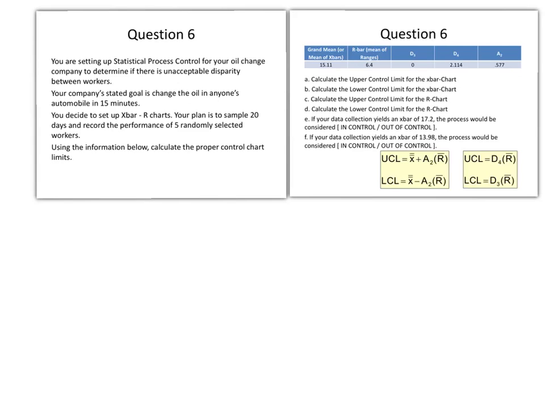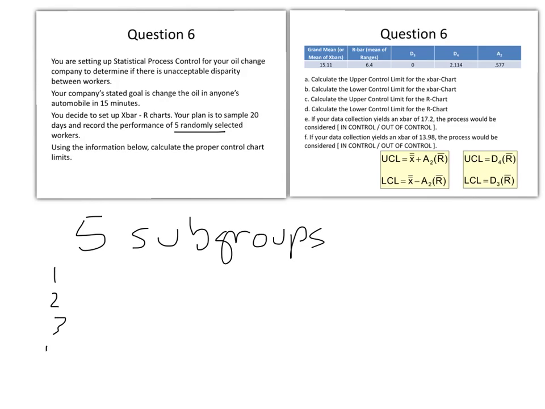All right, so that's what we've got here. So we've got 5 subgroups here. These are the 5 randomly selected workers over 20 days. So if you were thinking of how we had these charts in class, you'd have days 1, 2, 3, 4 to 20.